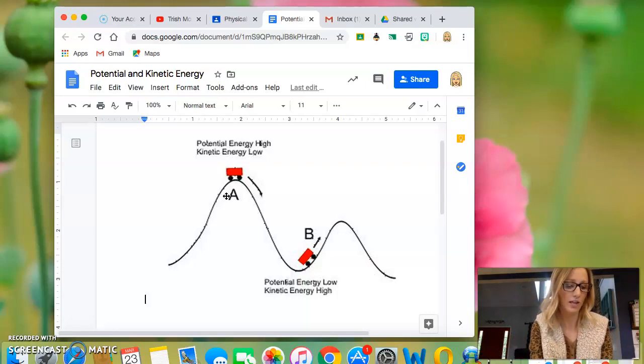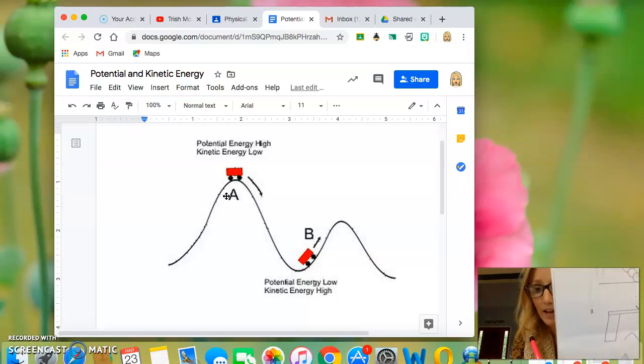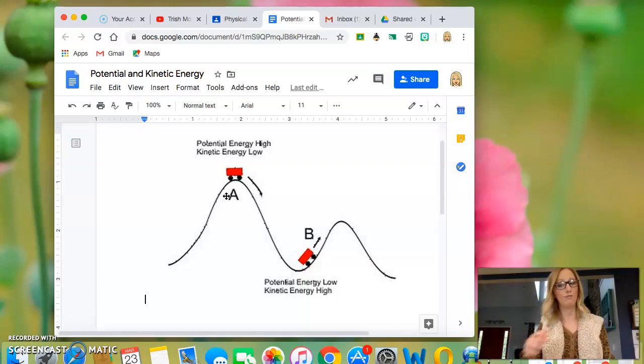So let's look at number 3, right below it. We have a little person on the diving board. Think about when you're on that diving board, before you even jump in that pool, you're not necessarily moving. So we're going to have our high potential energy, and I'm just going to label potential energy as PE, and kinetic energy as KE.